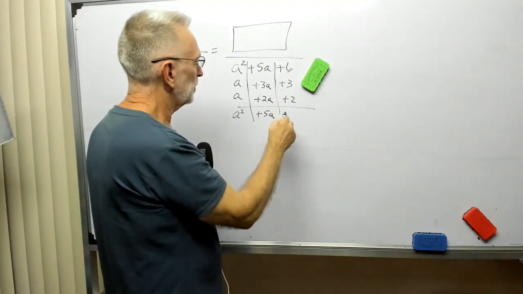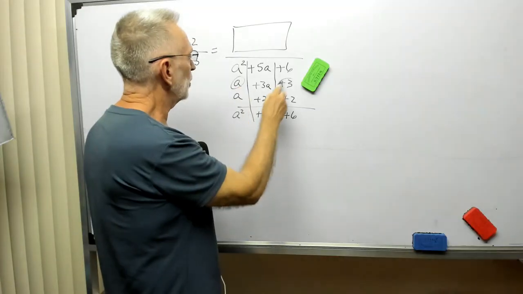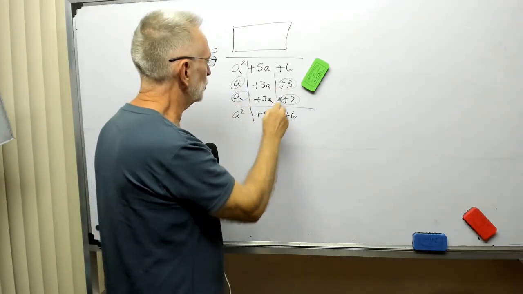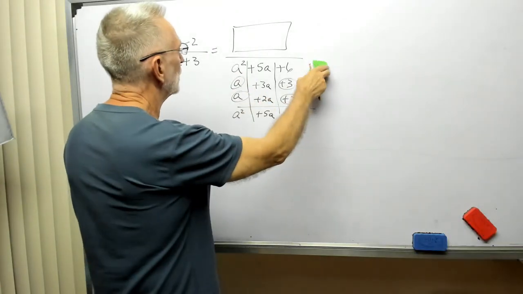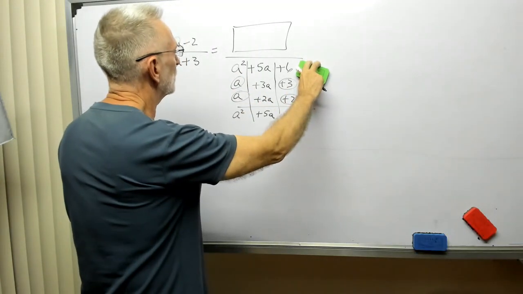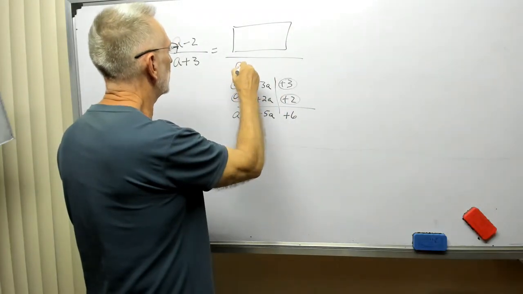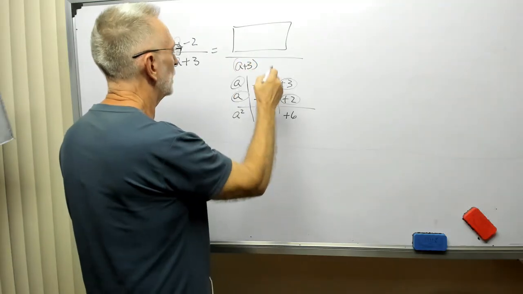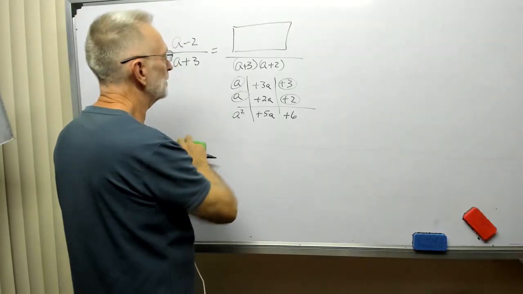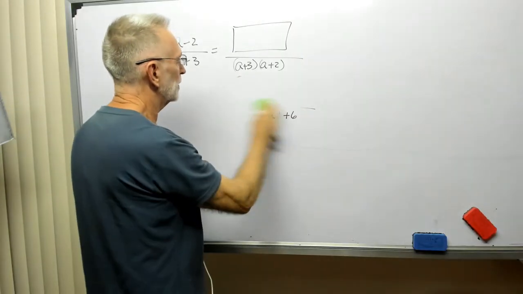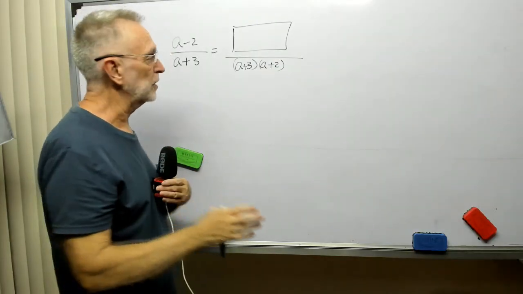Positive 3 times positive 2 is a positive 6. So I have a plus 3 and a plus 2. It gives me that a squared plus 5a plus 6 that I had originally.